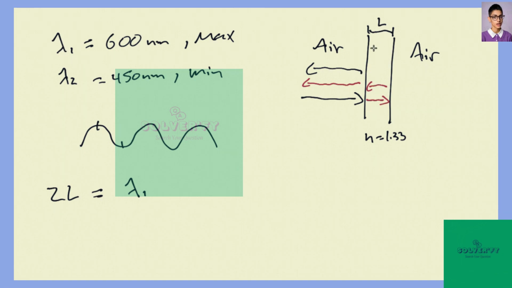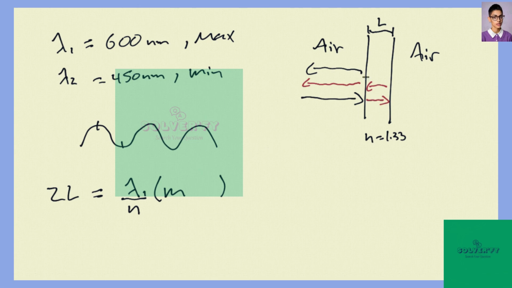It's lambda 1 in this material, which is lambda 1 divided by the index of refraction, times m, where m is an integer. And I've put some parentheses, open brackets here, because we might have to add something here.